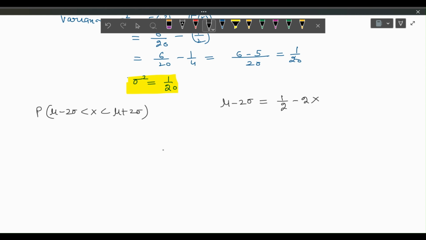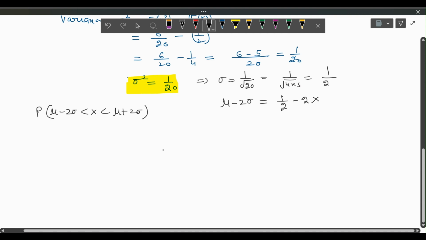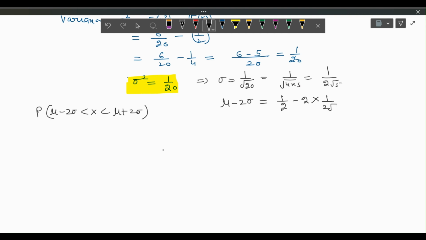If sigma square is 1 over 20, then sigma will be 1 over root 20, and it can be written as 1 over root 4 times 5, so it will be 1 over 2 root 5. Putting the values of sigma, 2 gets cancelled with 2, so mu plus 2 sigma will be 1 half plus 1 by root 5.